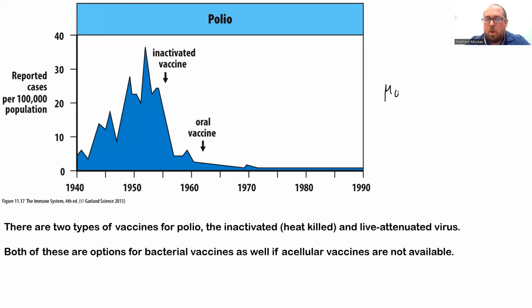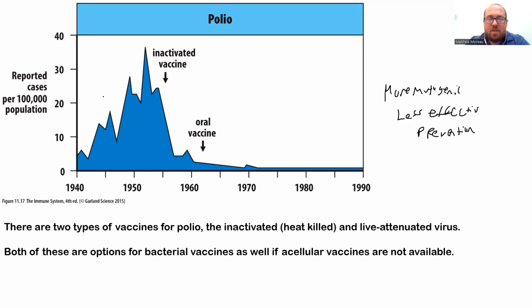So the more mutagenic a particular microorganism is, the less, I don't want to say effective, but I would say the less effective the vaccine is in complete prevention of infection.